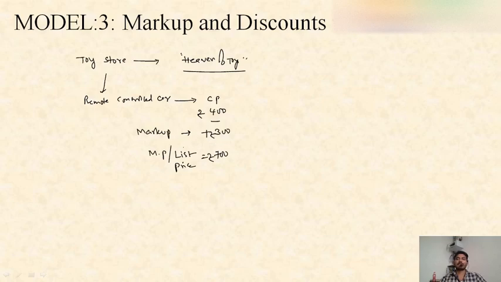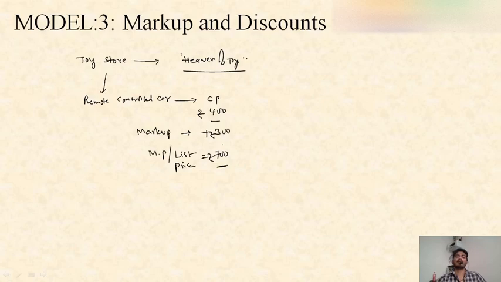This markup represents the additional amount you add to the cost price to determine the selling price. After adding the markup, the market price for each remote control car becomes 400 plus 300, that is 700.